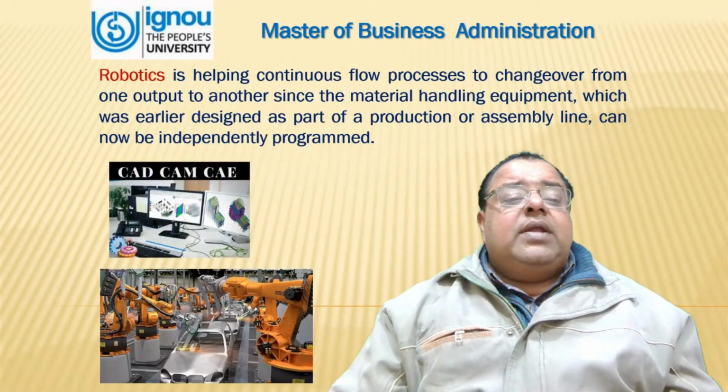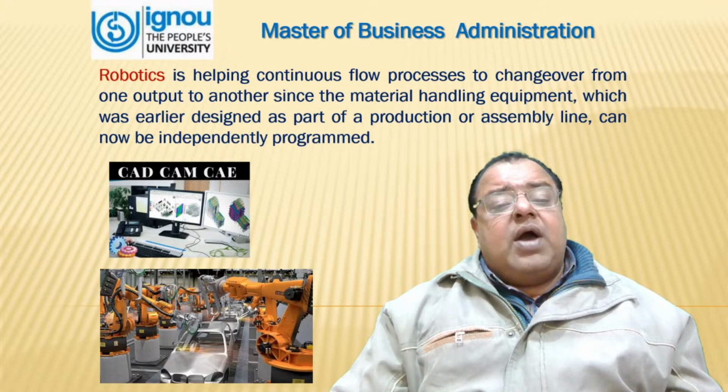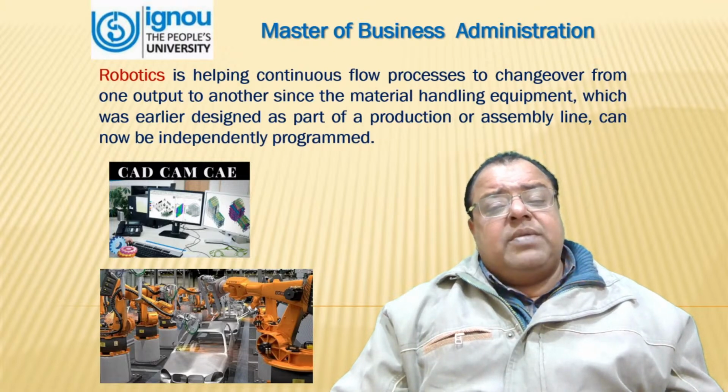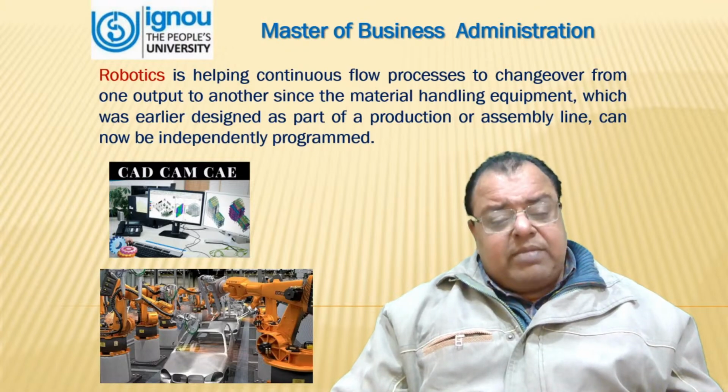Robotics is helping continuous flow processes to change over from one output to another, since the material handling equipment, which was earlier designed as part of the production assembly line, can now be reprogrammed.